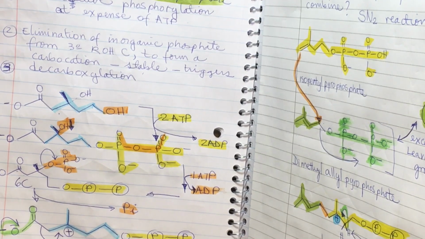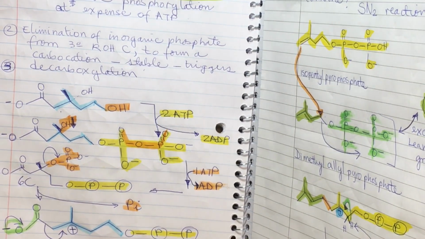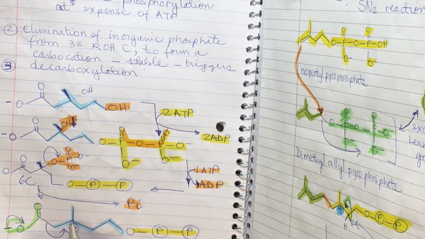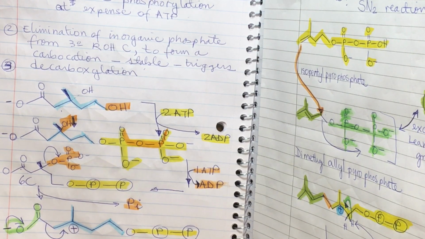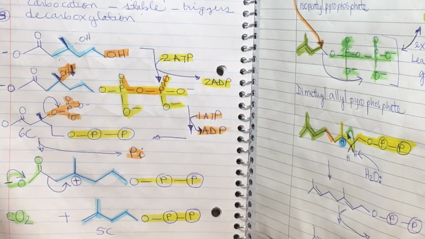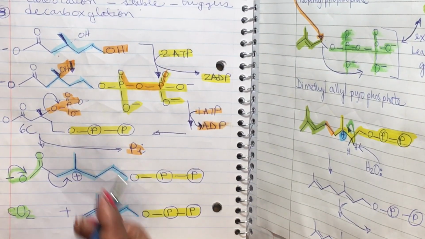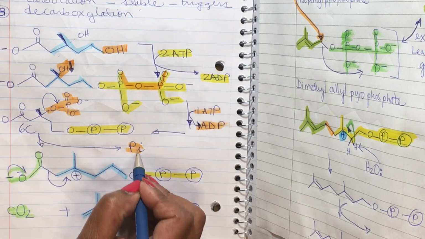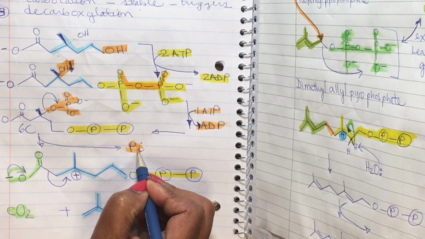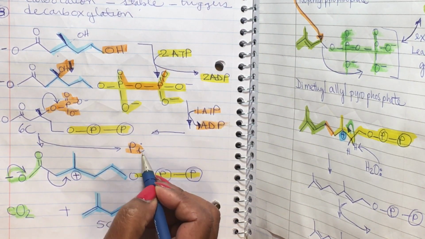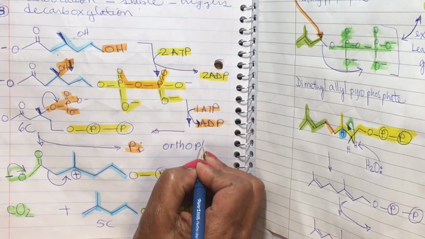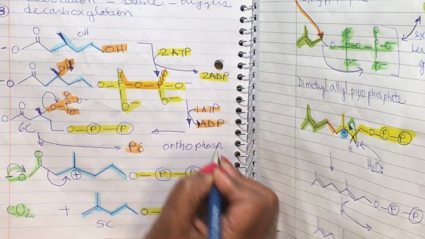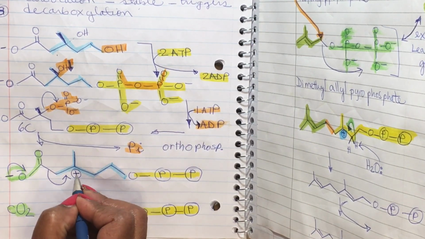That's actually the purpose of the third phosphorylation, to create a carbocation, a tertiary carbocation that is a very stable carbocation. By losing a unit of the inorganic phosphate, that we call orthophosphate, phosphate is another name for that, we generate a carbocation that is very stable.